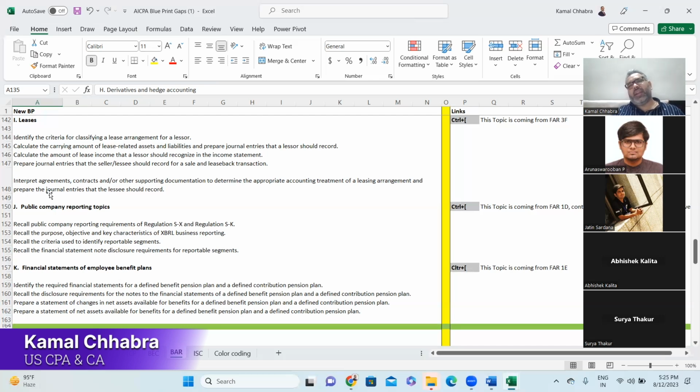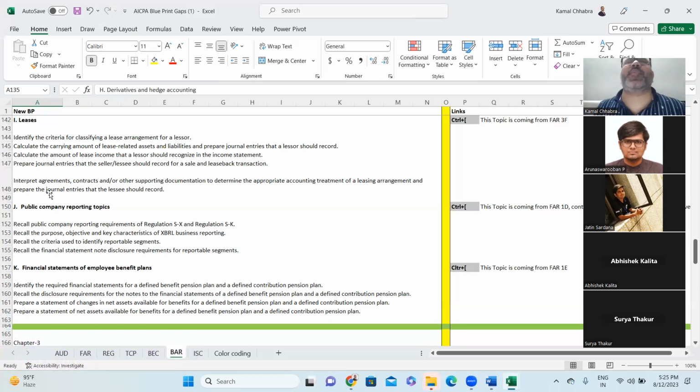I know one or two might have heard this term, but all of you, another small homework: just note it down. Go back to your audit file and search for the ASC 842 memo. There you will get an understanding of how it is being applied in your respective engagement. Then you can correlate the theory we'll study in lease accounting with your practical experience.